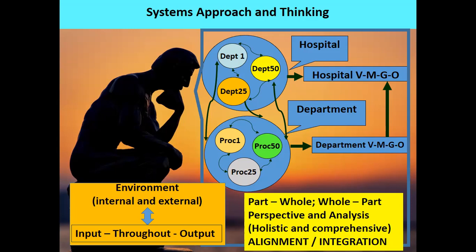So the key result areas of the system's perspective and thinking should be alignment and integration of all the subsystems or parts towards achievements of the department vision, mission, goals, and objectives, and eventually the hospital's vision, mission, goals, and objectives.